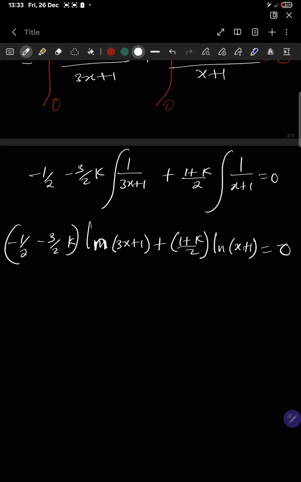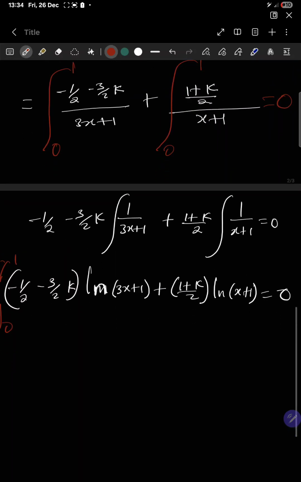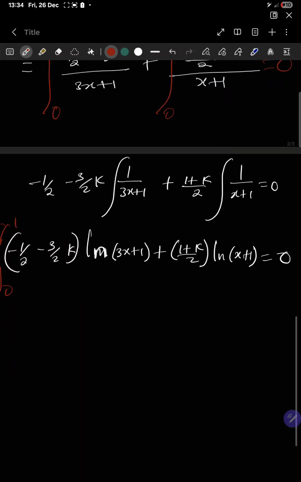Now from there, we were given limits that we are supposed to replace. The limits that we were given were from 0 to 1. Now we need to replace them, meaning that we are going to create two brackets. In the first one we put 1 whenever there is x, and in the other one we put 0 whenever there is x.